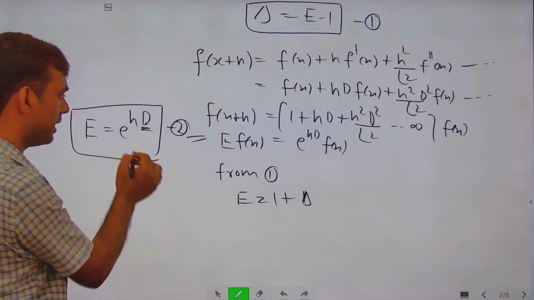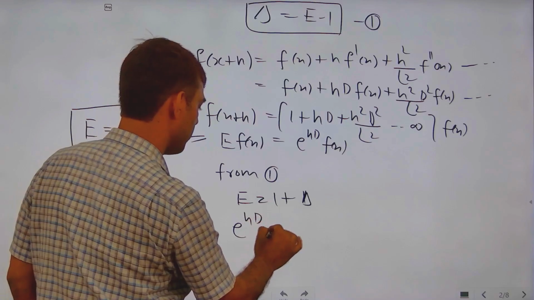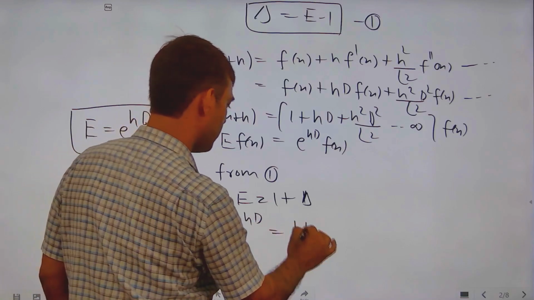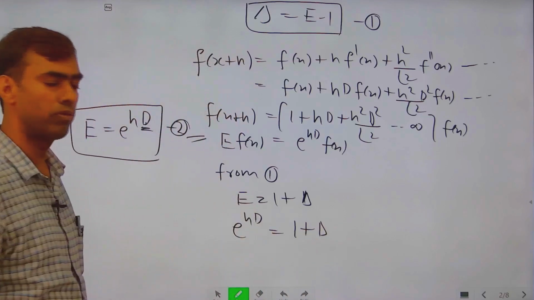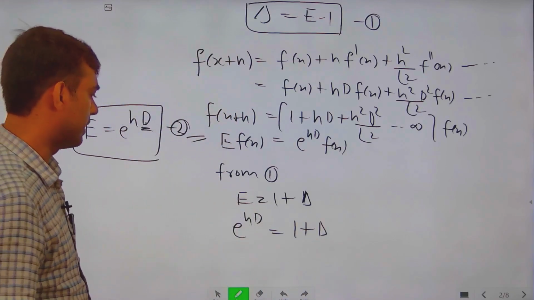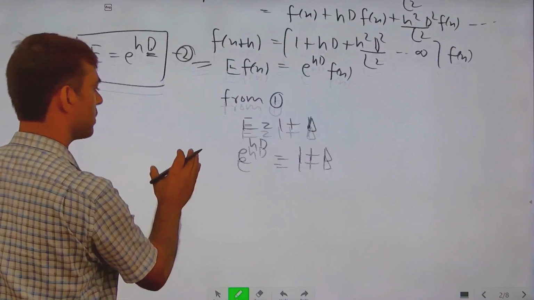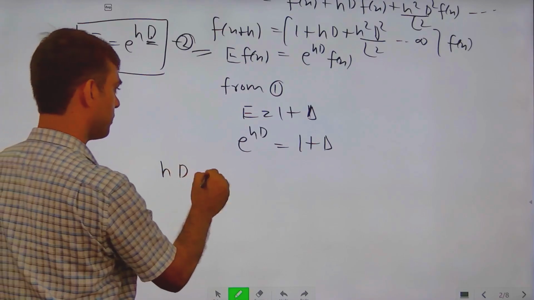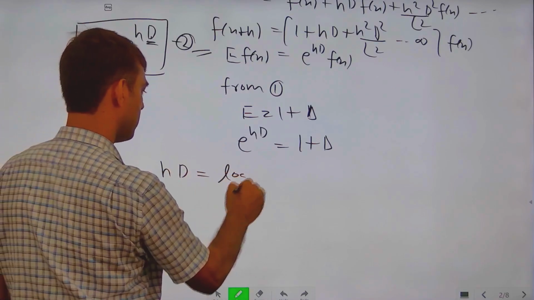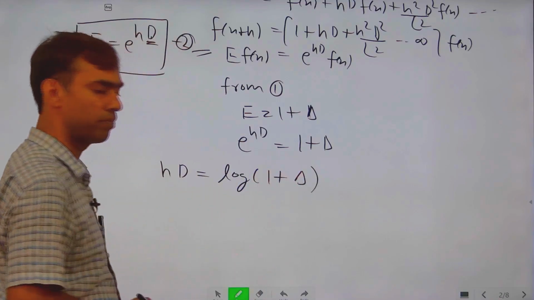From the second, e to the power h D becomes 1 plus the forward difference: e to the power h D equals 1 plus delta. Then this implies h D becomes log of 1 plus delta.